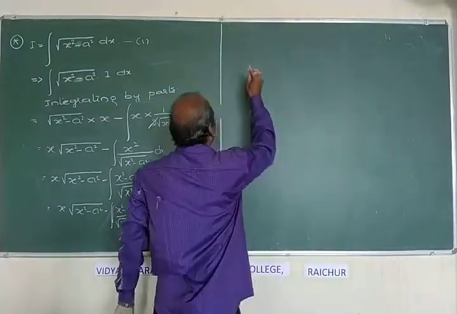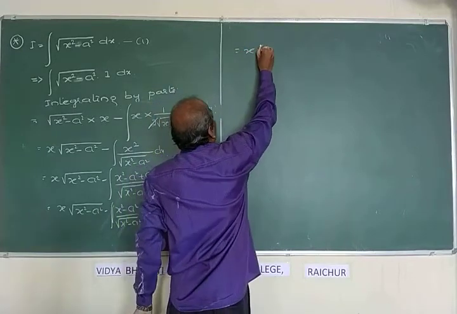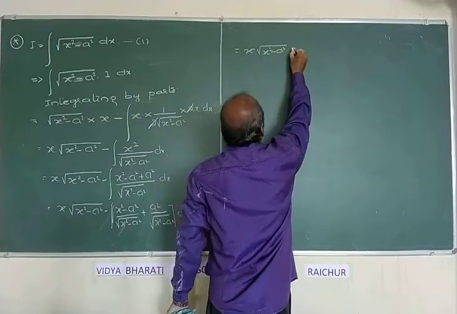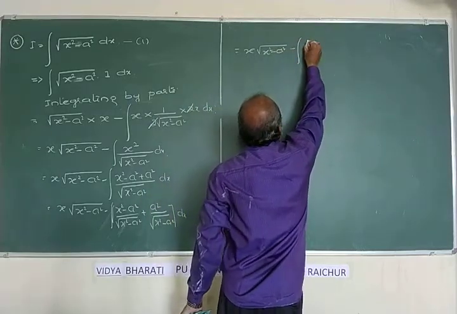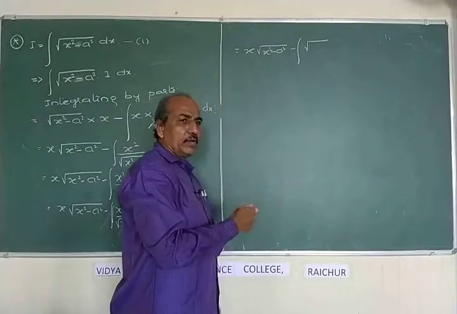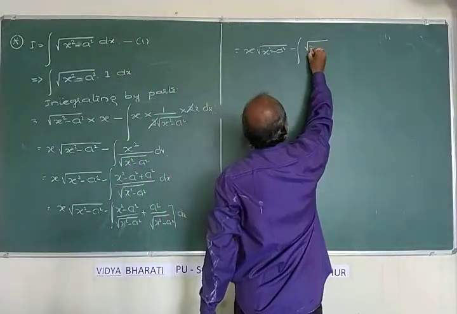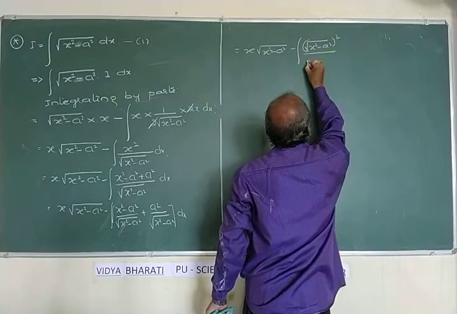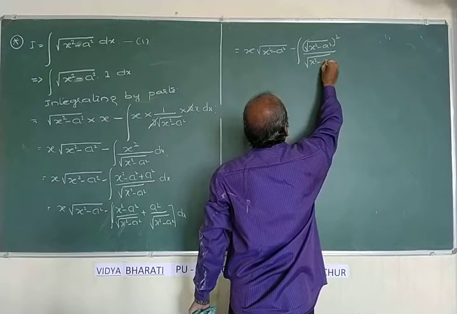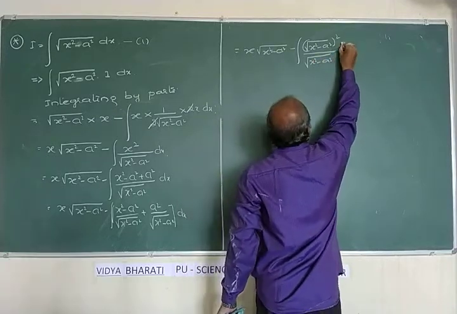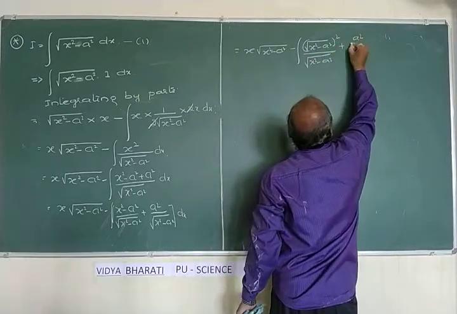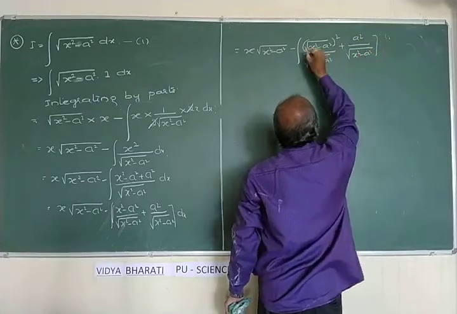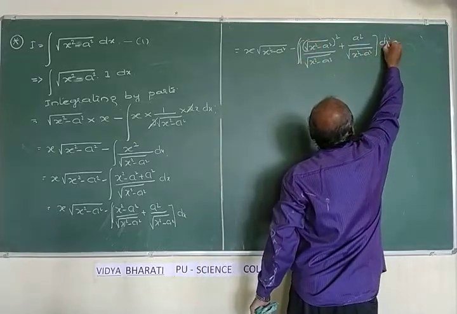So here, which is equal to x into root of x square minus a square minus integral of, directly also you can write down, it is understood. So root of x square minus a square the whole square divided by root of x square minus a square, plus a square divided by root of x square minus a square, dx.